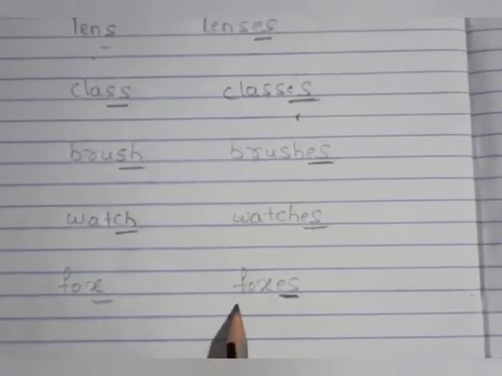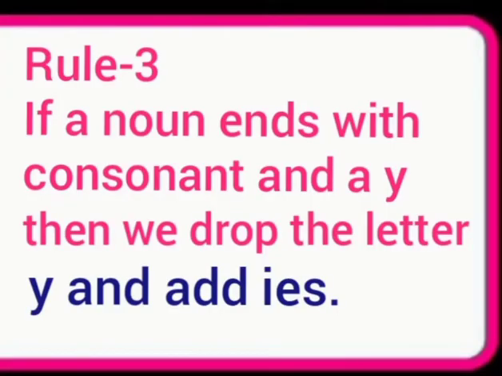Fox, foxes. Rule 3. If a noun ends with a consonant and a Y, then we drop the letter Y and we add IES. For example, body.